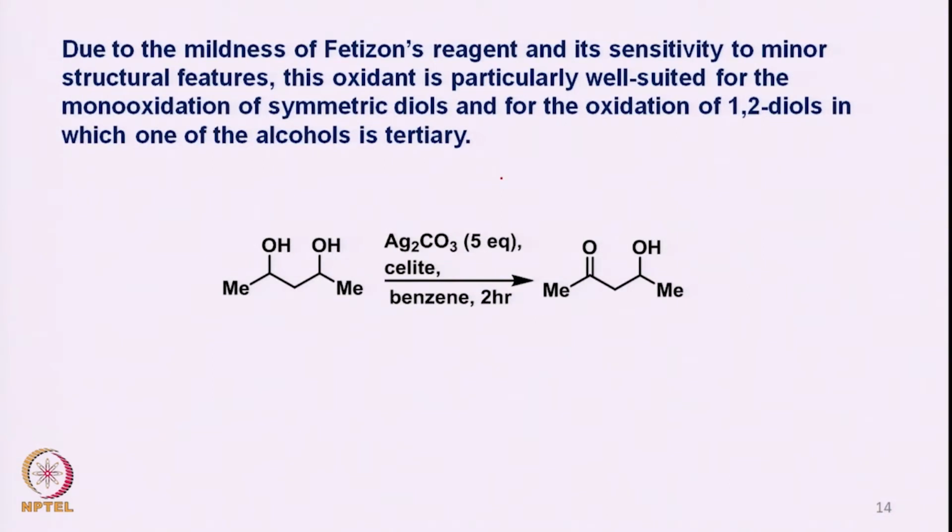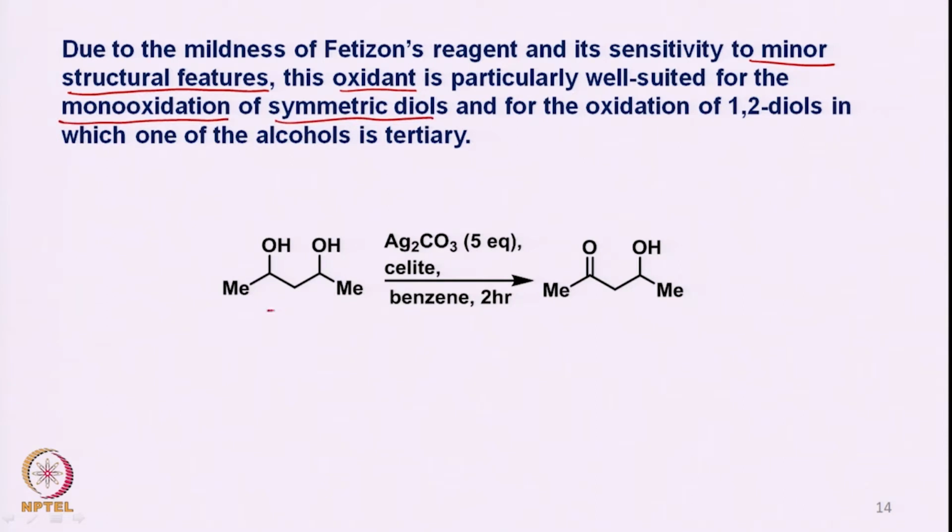Due to the mildness of Fetizon's reagent and its sensitivity to minor structural features, something I just mentioned, that if there is a double bond versus no double bond, this oxidant is particularly well suited for the monooxidation of symmetric diols.